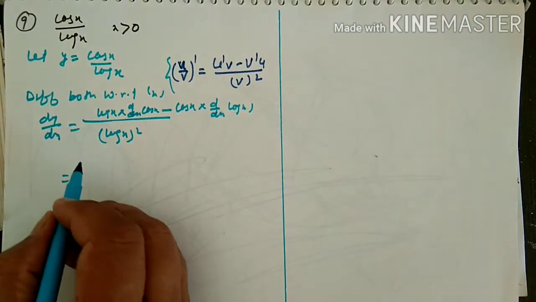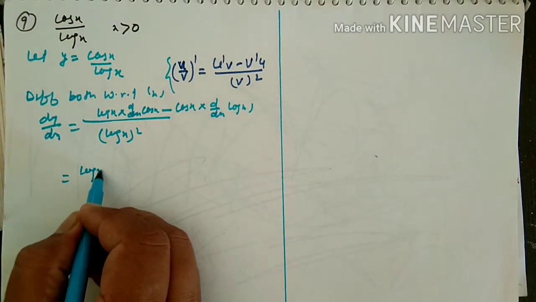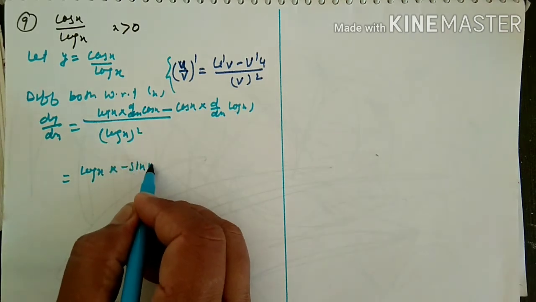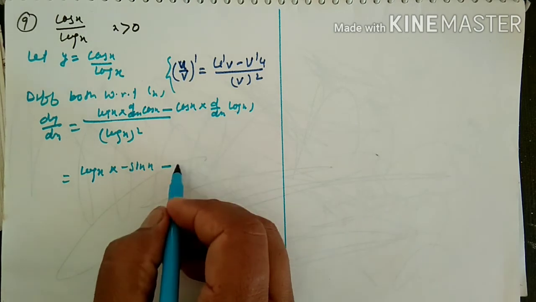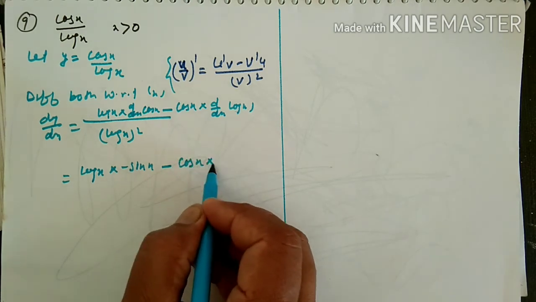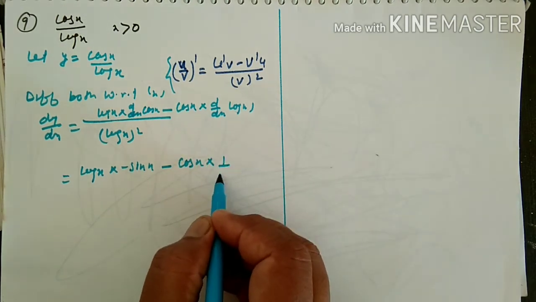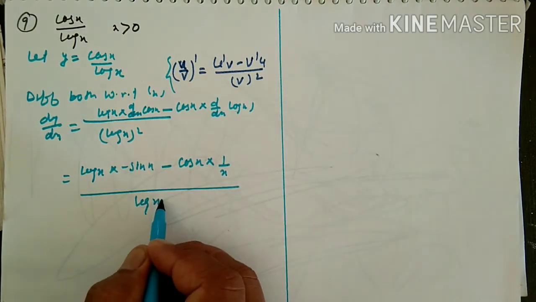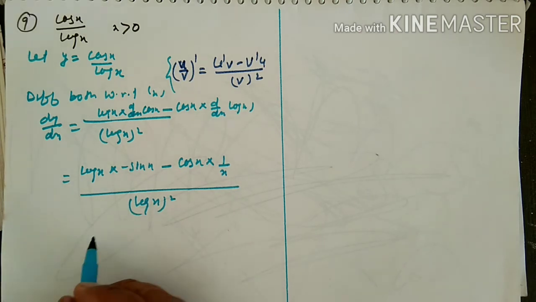Clear? So log x, and differentiation of cos is minus sin x, minus cos x remaining same and differentiation of log is 1 upon x, upon log x whole square. Clear?